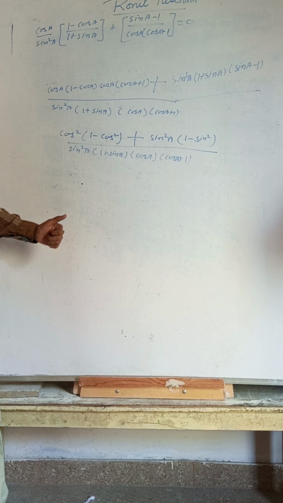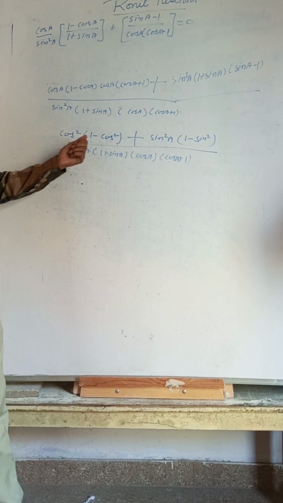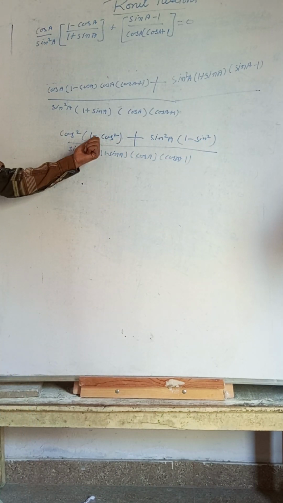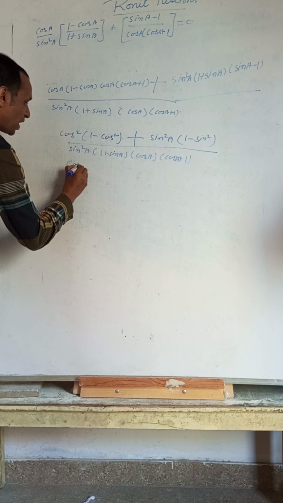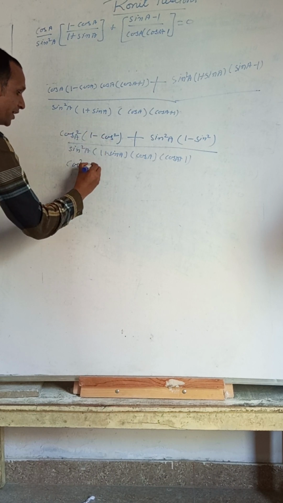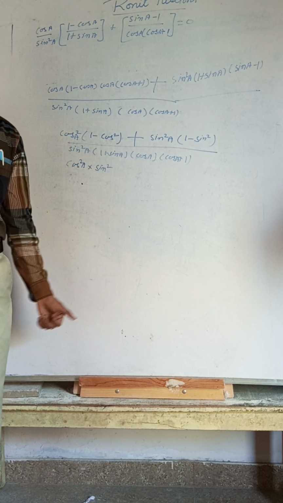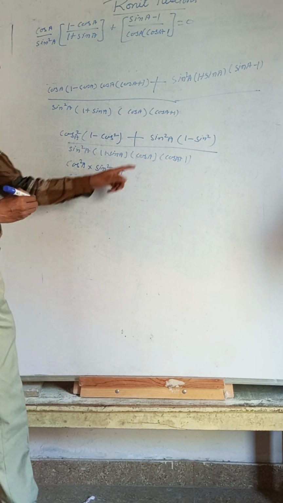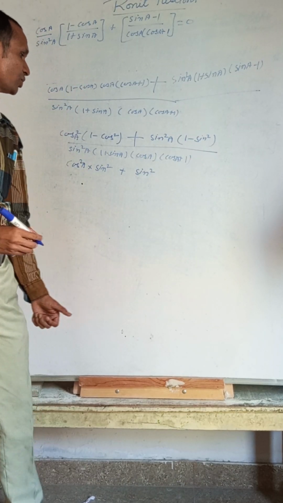Now upside, what can we do? We can see that this also can be changed. So 1 minus cos square is equal to what? Sin square, cos square A into sin square, because 1 minus cos square is equal to sin square. Plus is kept, sin square is kept as it is. 1 minus sin square is equal to what?